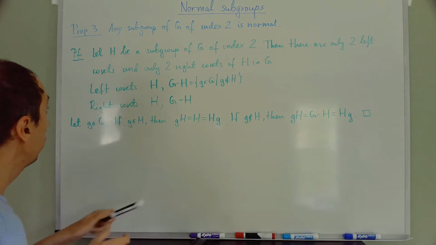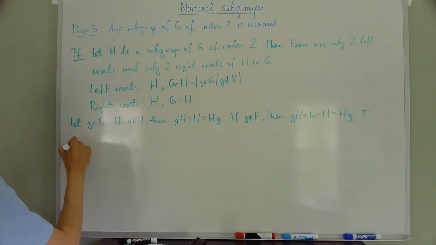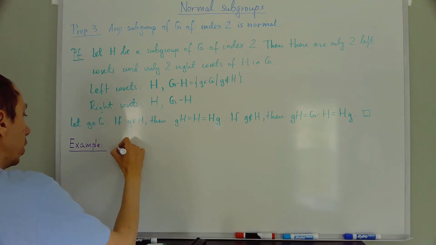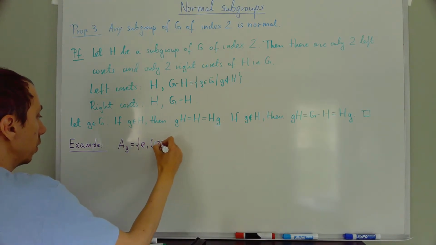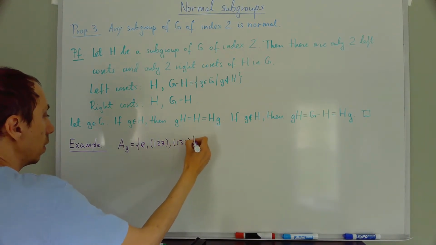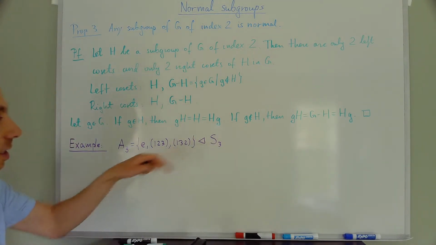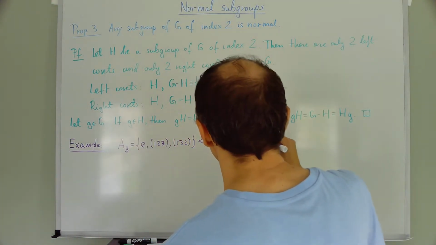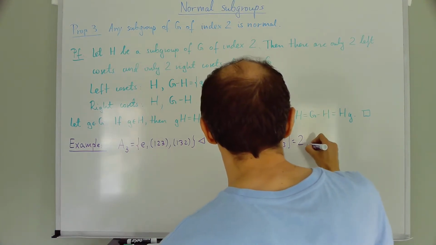So for example, we discussed last time the subgroup A3 consisting of the identity and the 3 cycles inside the group S3, and now I see that the subgroup must be normal because the index of A3 in S3 is 2.